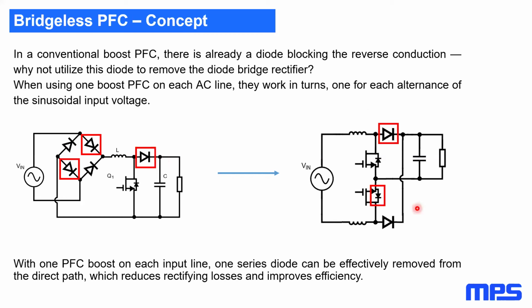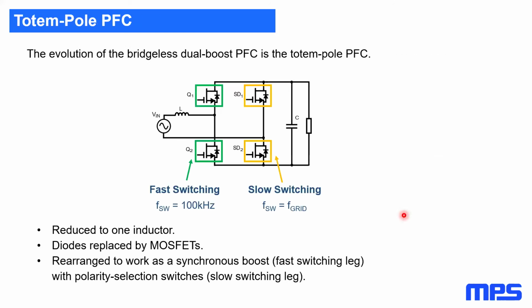So this is the basic concept of a bridgeless PFC, and actually, if you will, the evolution of this is the totem pole PFC, because if you look at this compared to the two boosts that I showed before, we still have a boost PFC, so with the inductor and a switch and a freewheeling diode, except we make it synchronous, so it can be reversible depending on the alternance.